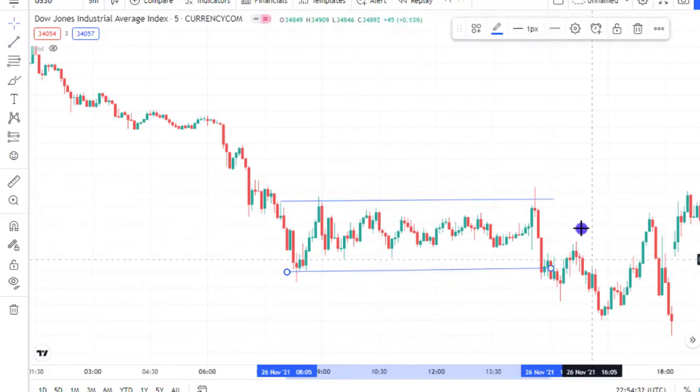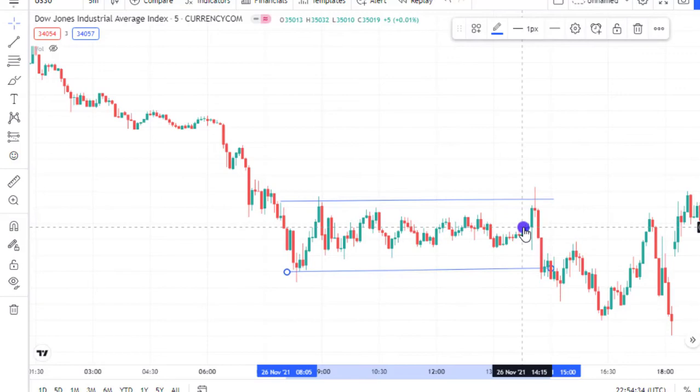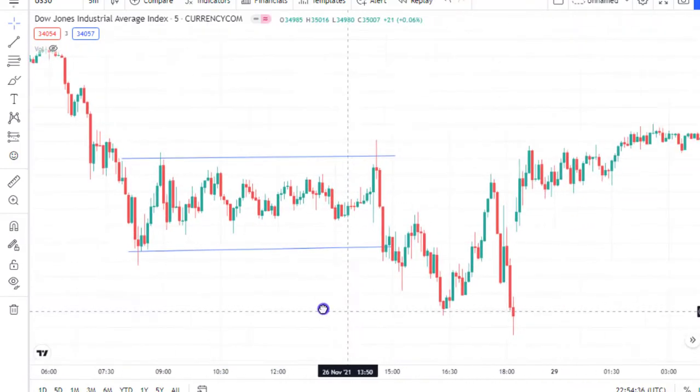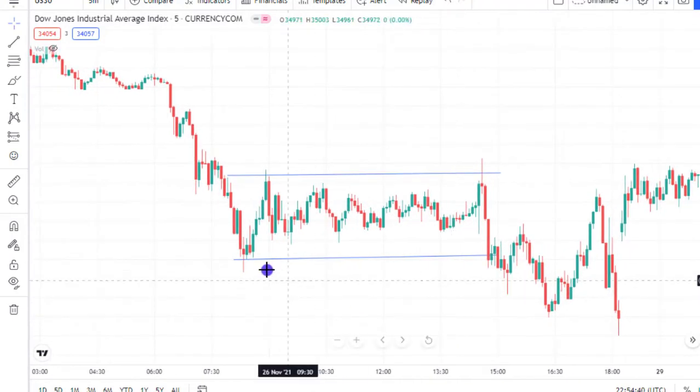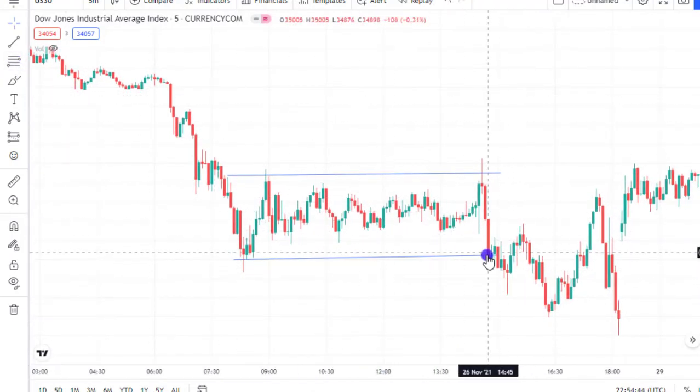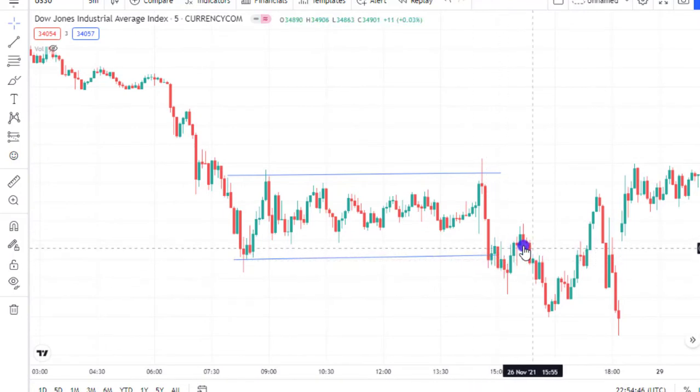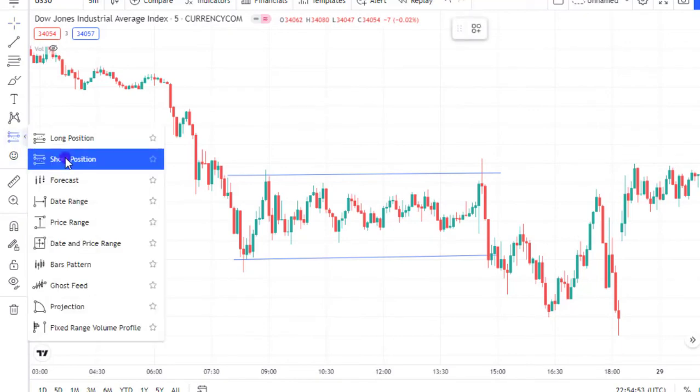So what we were expecting is a break of structure. So when that happens, at this place we noticed a break of structure and retest. So when that happens, we're taking a short position.